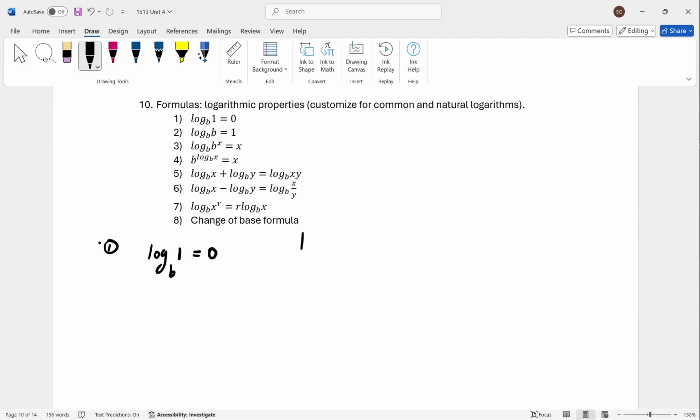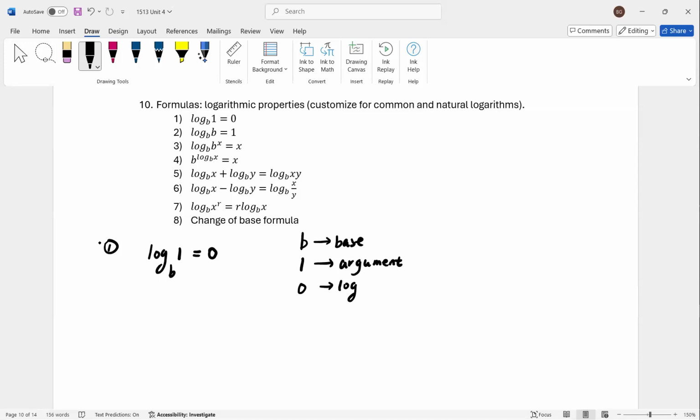B here is the base, right? B here is the base. 1 here is the argument. The 3 parts are base, argument, and log. Then 0 has to be the log. 0 is the value of the log, right? With base b and argument 1.